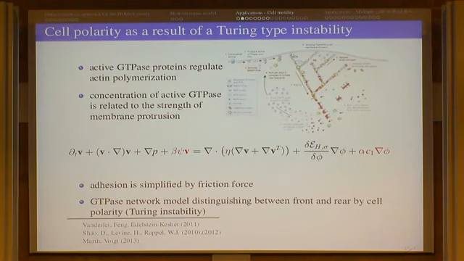Then we are able to describe cell motility if the concentration of these active GTPases is not equal along the membrane. So we use a kind of polarity, and a network model which causes a Turing type instability, where we have these certain concentrations of the active GTPases.